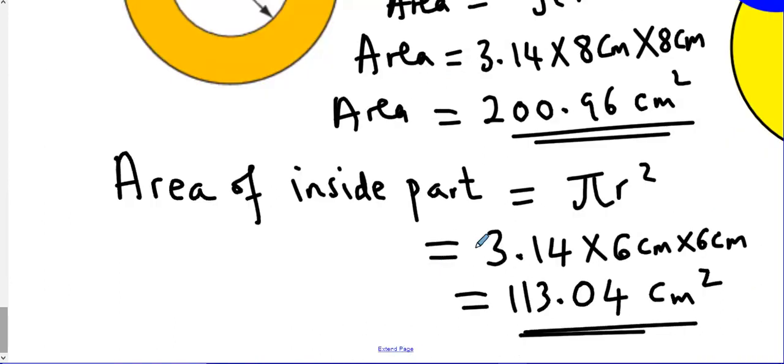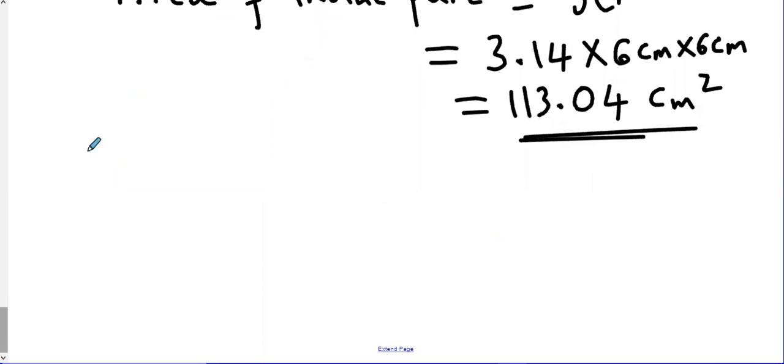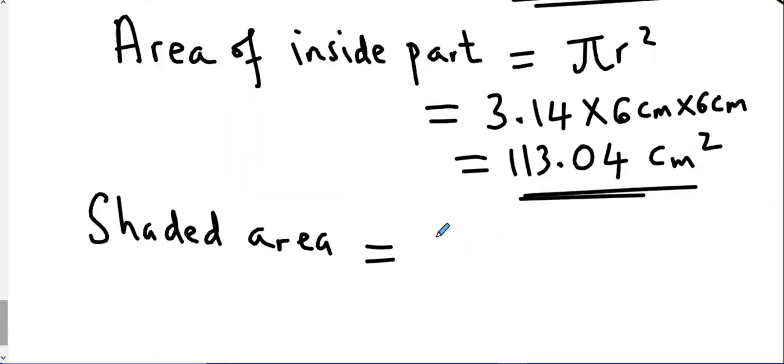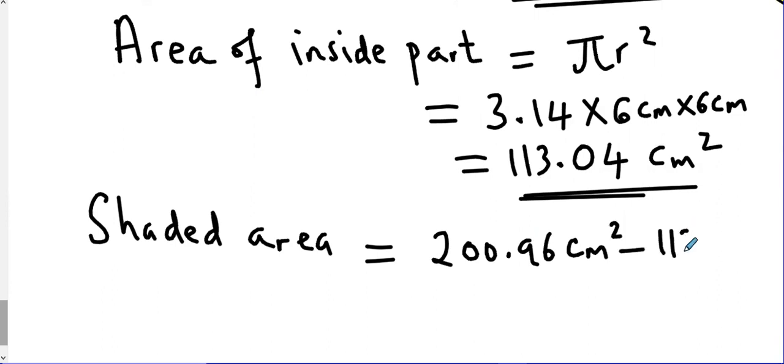So here we write shaded area will be equal to 200.96 centimeters square minus 113.04 centimeters square. If you minus those, what do you think you're going to get?